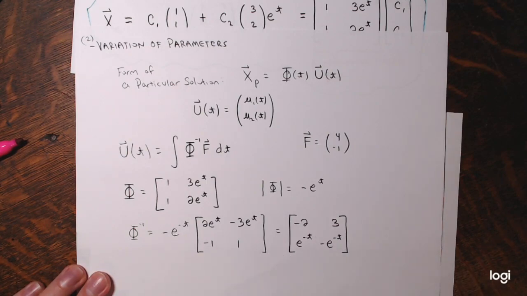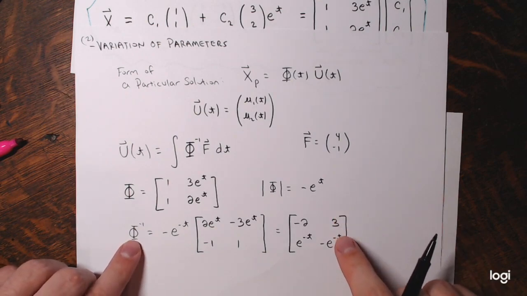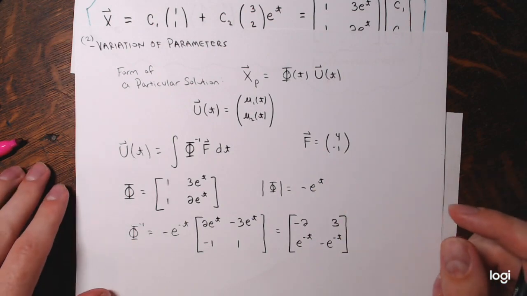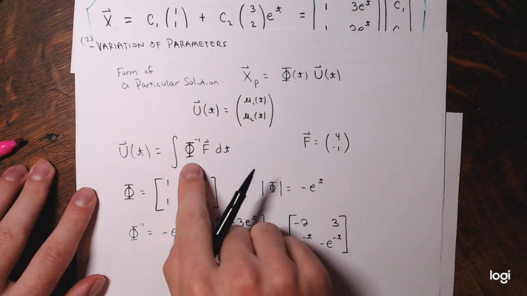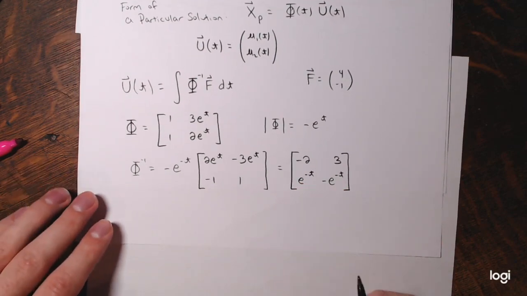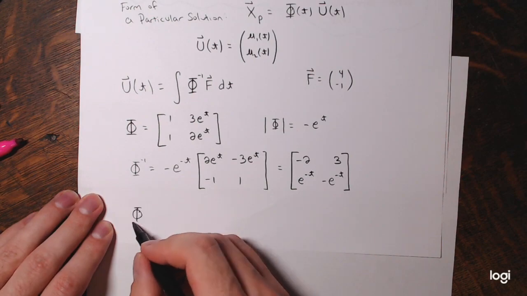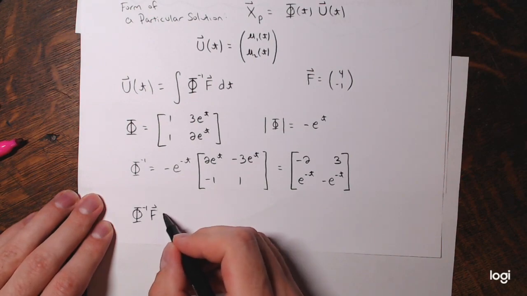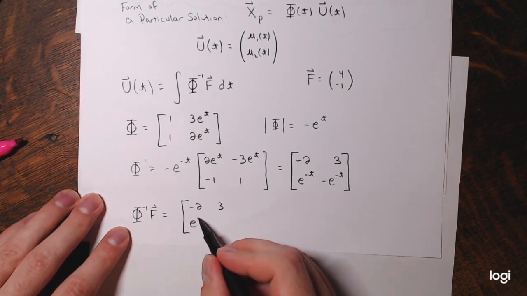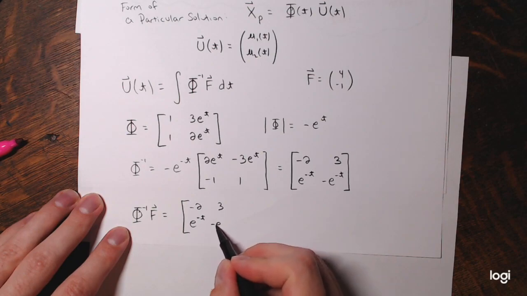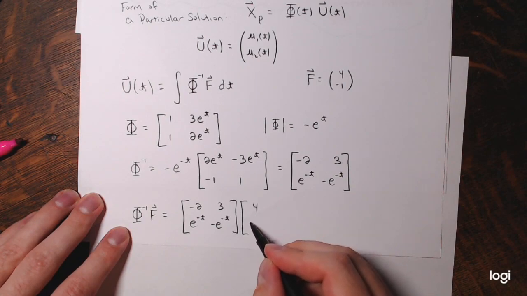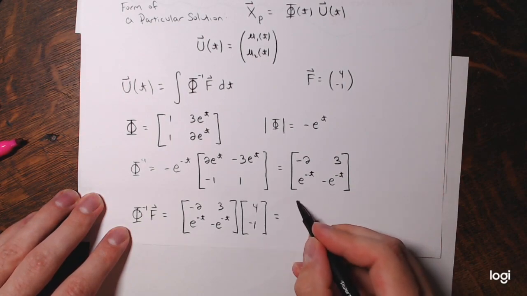Great. So now I take phi inverse times f, and I'm going to get a 2 by 1 column vector, and then we're just going to integrate each component of that vector. So that's this negative 2, 3, e to the negative t, negative e to the negative t, times vector f, which is this 4, negative 1, and we're getting another 2 by 1.